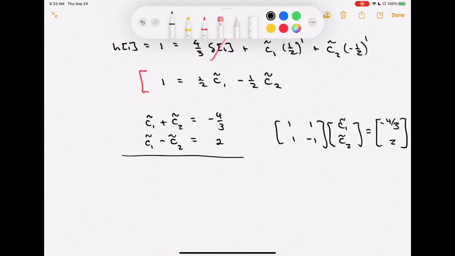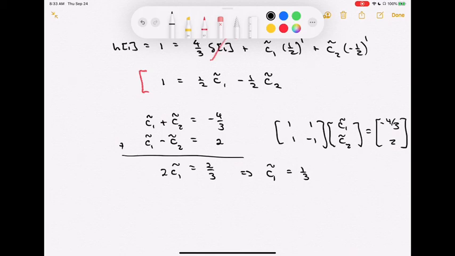I see the first equation has a C2 tilde, and the second one has a minus C2 tilde. So if I just add those guys, I'm going to be able to solve for C1 really quickly. So I'm going to have 2 C1 tilde being equal to 2 minus 4/3, right? And that's going to be 6/3 minus 4/3. That's 2/3. Divide both sides by 2, and I get C1 tilde being equal to 1/3 in this particular case, right?